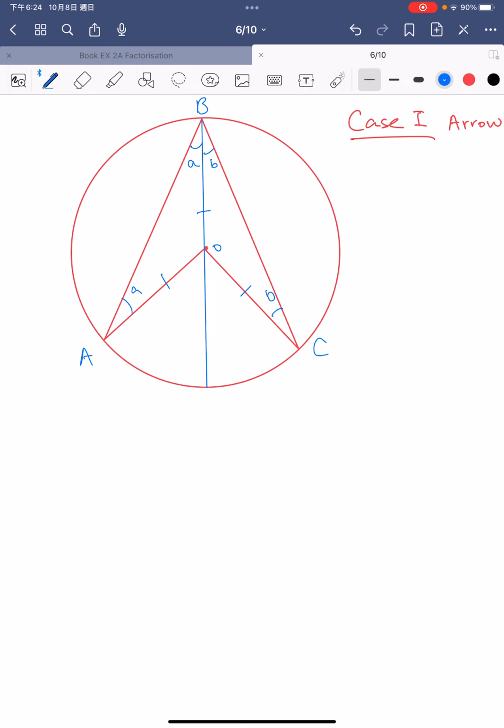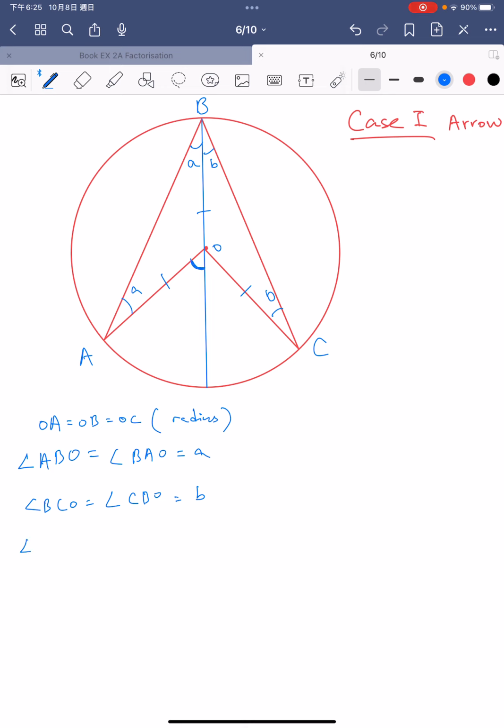So we try to write something. So now we can say that OA is equal to OB equal to OC, which are the radii. So now we can say that the angle ABO is equal to the angle BAO, which is equal to A, and the angle BCO is equal to the angle CBO, which is equal to angle B. And now we can say, so what is this point?